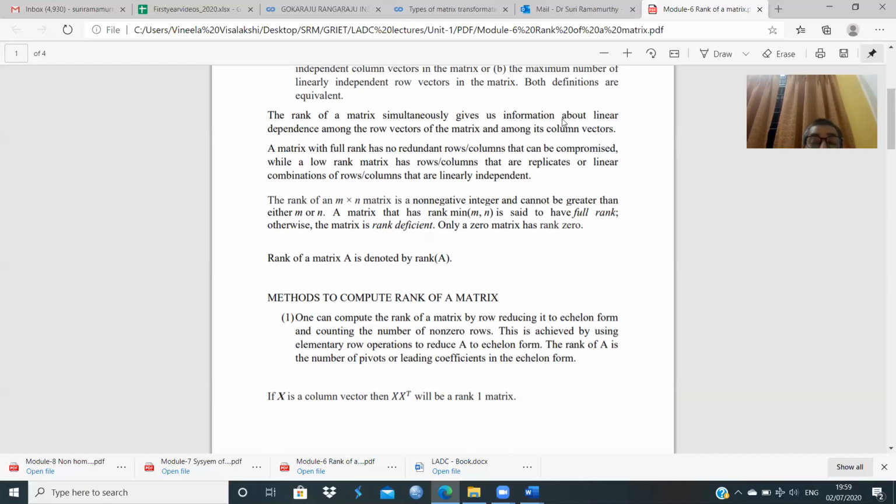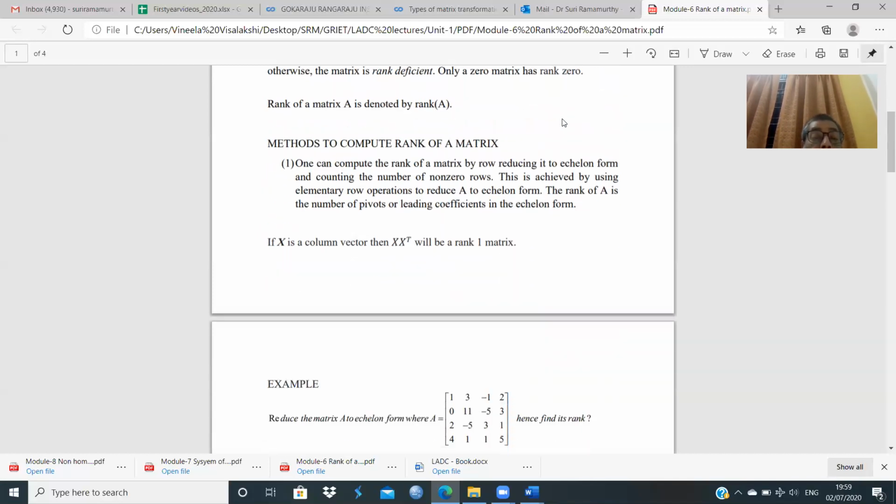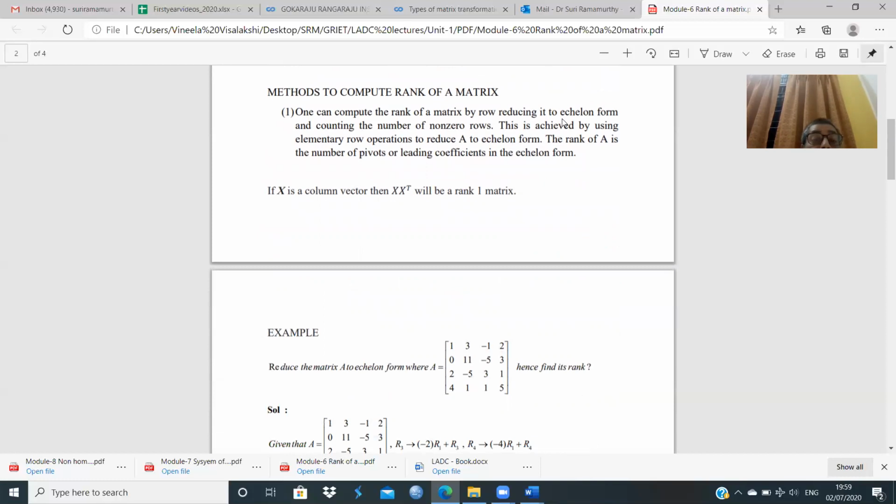This can be achieved by using elementary row transformations, and the rank of A corresponds to the number of pivots or leading coefficients in the echelon form. Pivots are essentially non-zero values. One very important fact is that whenever X is a column vector, X times its transpose, that is X into X transpose, will always return a rank 1 matrix.